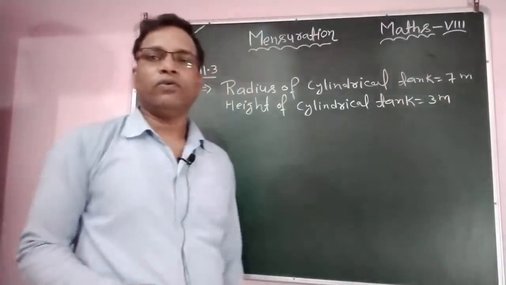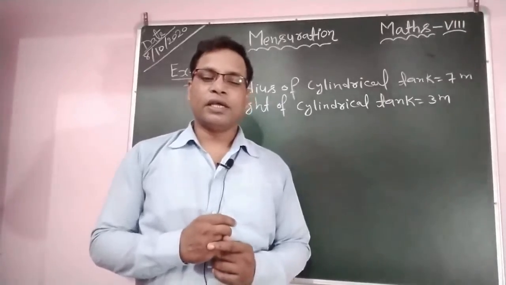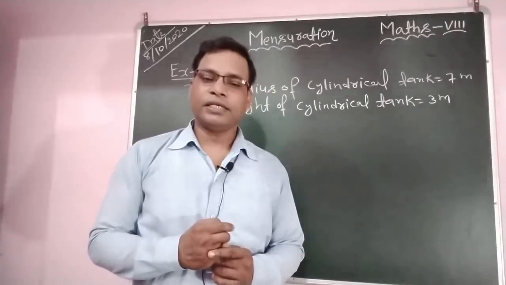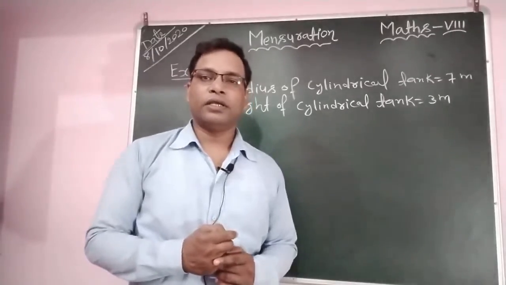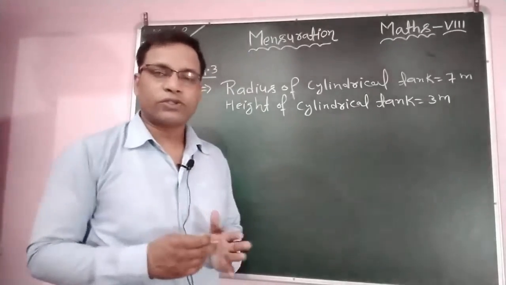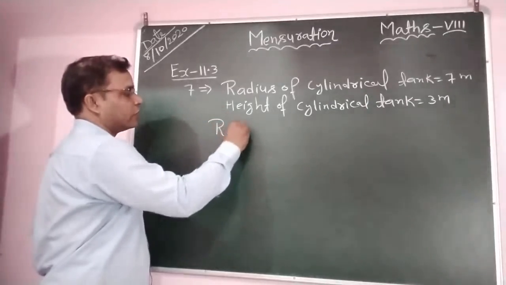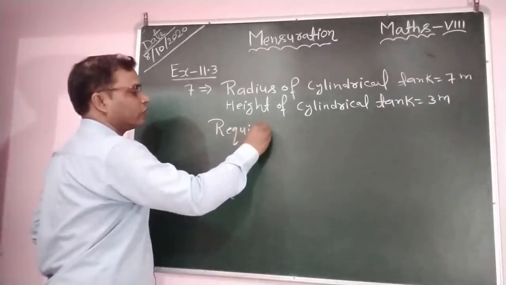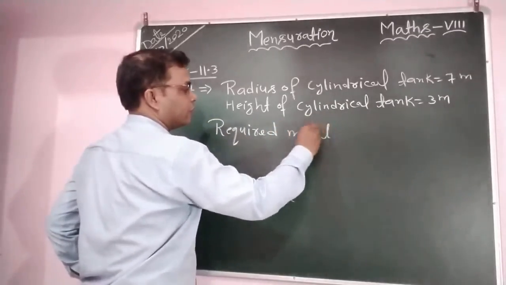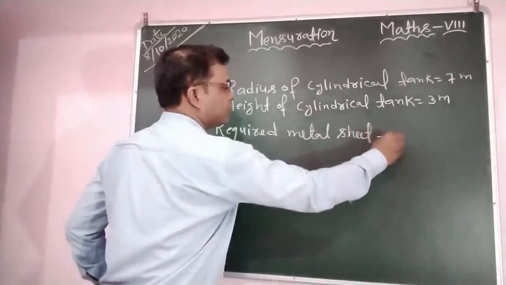Now we need to find the total metal sheet required to make the cylindrical tank. So the required metal sheet is equal to what?